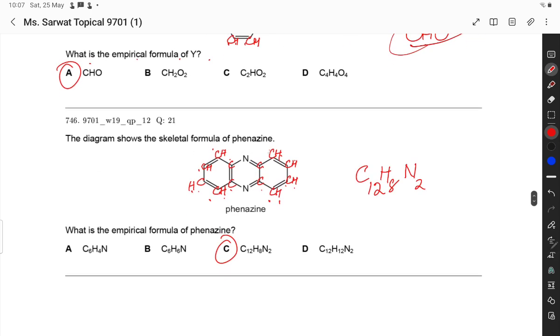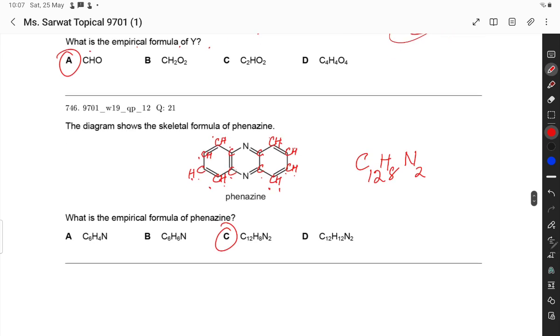The diagram shows the skeletal formula of phenazine. What is the empirical formula? The same as I have done earlier. Count the actual number of carbon atoms, hydrogen atoms and nitrogen atoms present in this compound. So carbon is 12, hydrogen is 8 and nitrogen is 2.